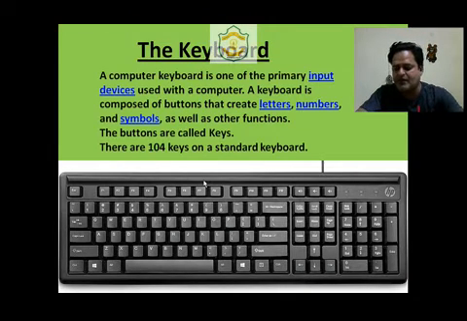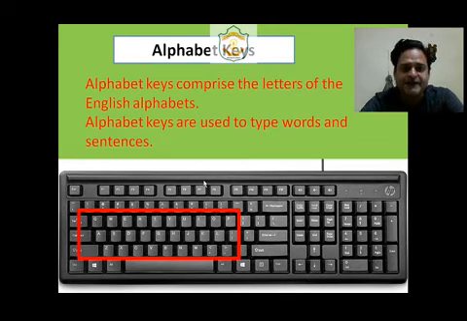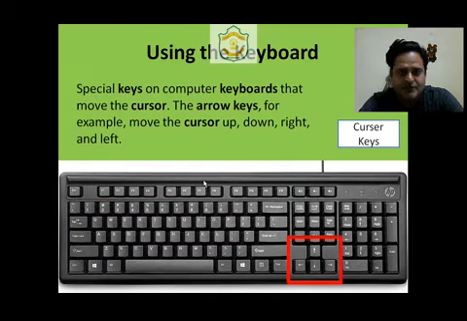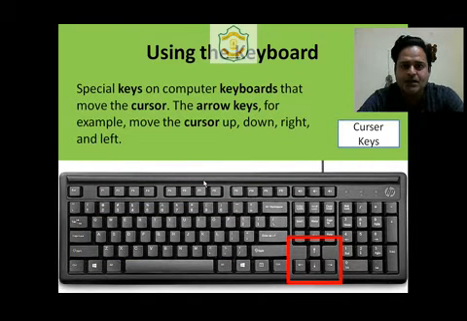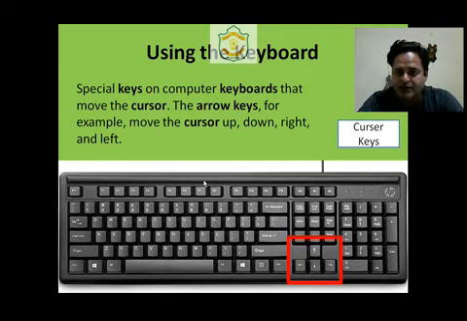So after function keys, our next section is cursor keys. Cursor keys are present on the side of our keyboard, as you can see, I have marked in the red frame.